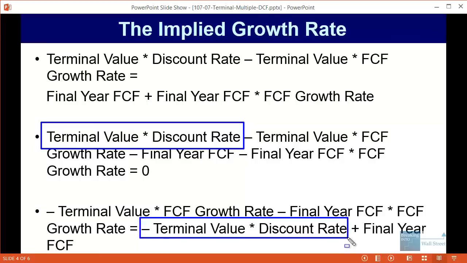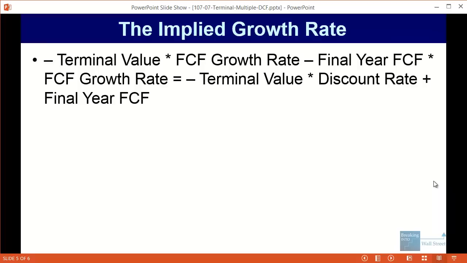So we'll put a negative sign in front. And then final year free cash flow, it has a negative sign in this former equation. And the new one, we have a plus sign because we've moved it to the other side over here. So we're making some progress, and you can start to see our strategy here that we're really trying to separate out that growth rate term on the left-hand side of the equation and put everything else on the right-hand side.